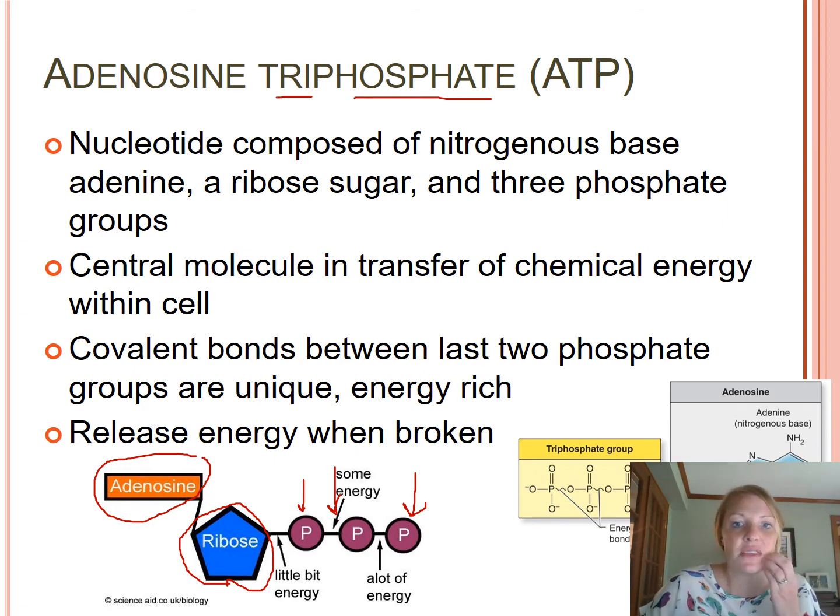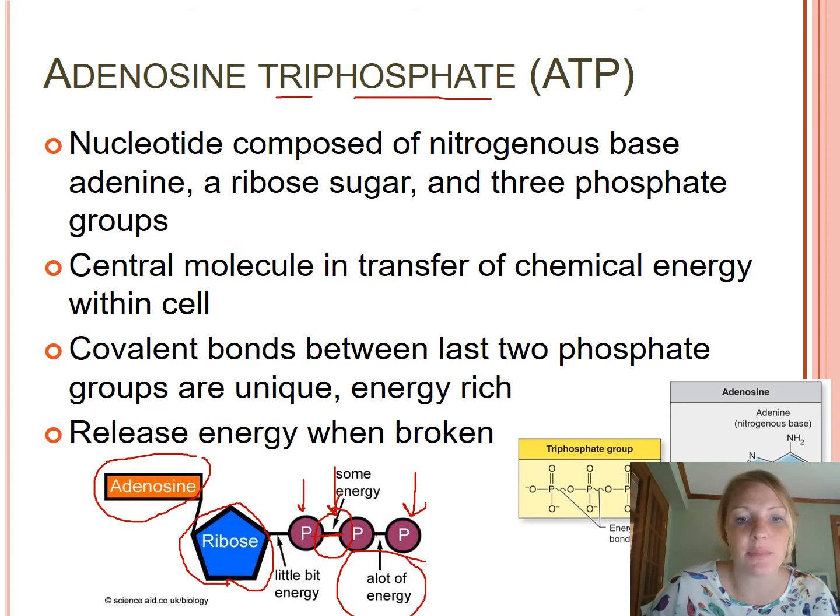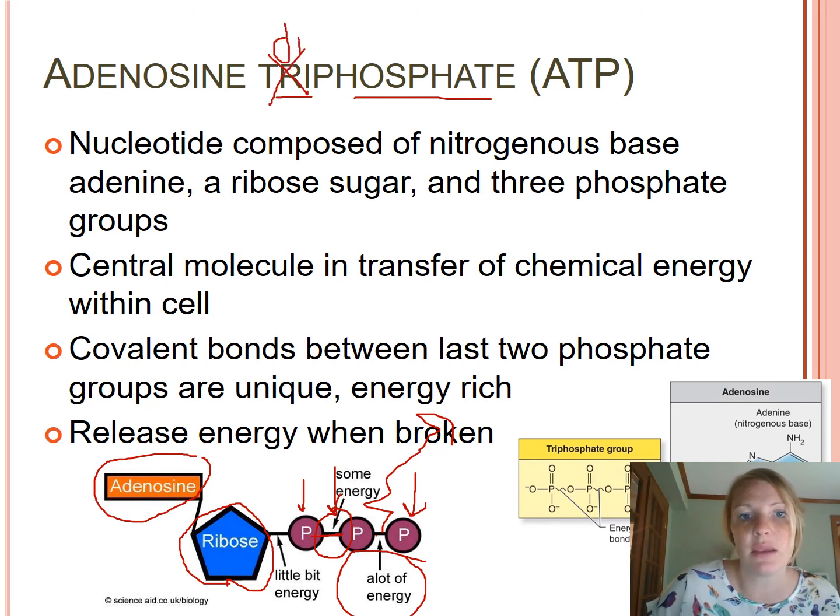And really, these three phosphates are important for energy. There are covalent bonds between these phosphate groups. So there's some energy in this bond right here, but there is a lot of energy in this last bond between phosphate 2 and 3. And when that bond is broken, it releases a whole bunch of energy. So ATP can be used as a sort of energy currency by breaking that last little phosphate off, and then it becomes ADP, di meaning two, so adenosine diphosphate, meaning there are only two phosphates.